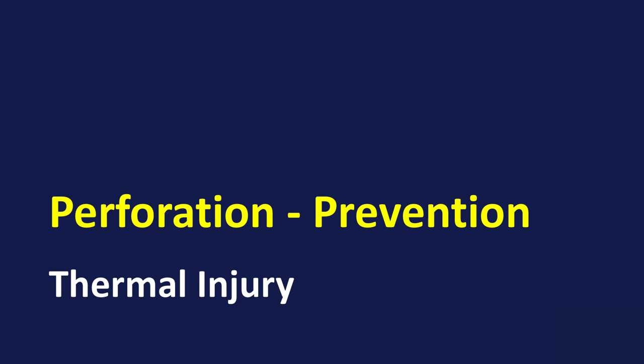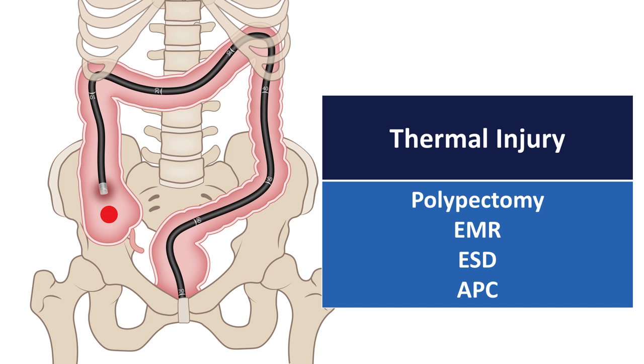Next, let's talk about thermal injury. Unlike mechanical injury, where the perforation is obvious at the time of the procedure and it becomes an emergency, thermal injuries may or may not be recognized, and it could lead to a delayed sequence of events, and it is much more dangerous because there is going to be a lot more peritoneal contamination, and these patients may need a diversion procedure.